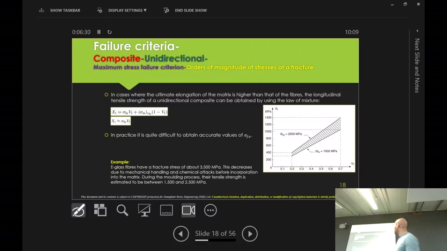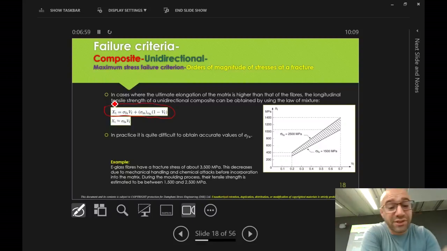If you recall from, I think it was the second or third slide this morning, we came up with a prediction for the strength of a ply using this volume fraction rule. They call it rule of mixture as well. So strength of the fiber times this volume fraction, plus strength of the matrix times this volume fraction, will give you roughly the strength of the composite ply.